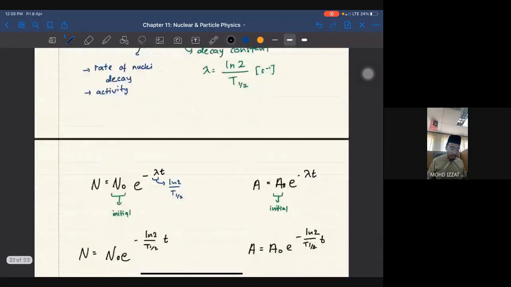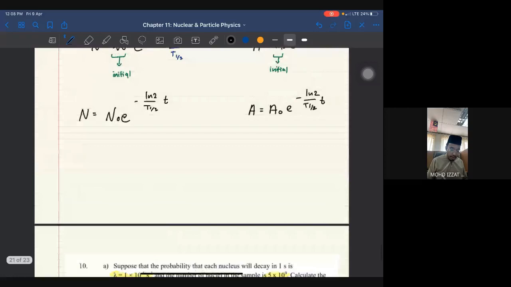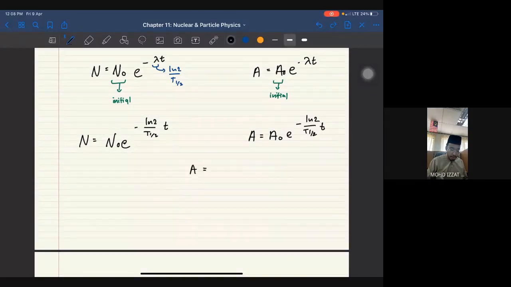Okay, and then one more thing saya nak point out, equation dia adalah dn over dt equals to, I can write dn dt tu sebagai A, negative lambda n. If I put this one as A naught, then n will be n naught lah.